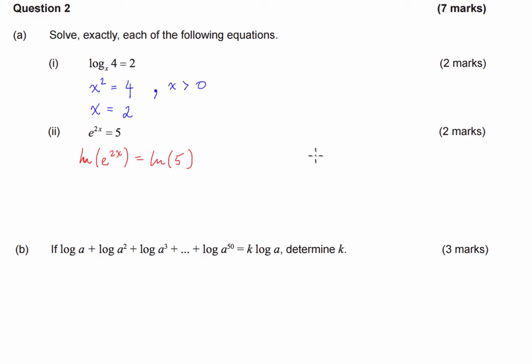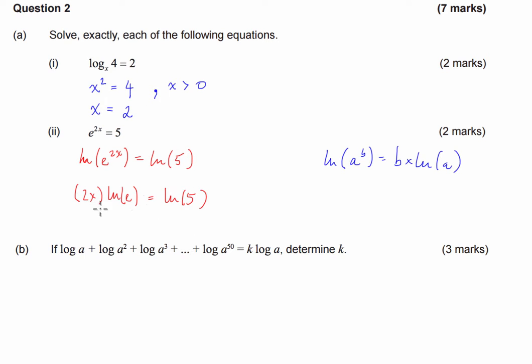Now we can use the index law, ln of a to the b is equal to b times ln of a. The way we use that here is we can bring the 2x down the front, so this is going to be 2x times ln of e is equal to ln of 5.